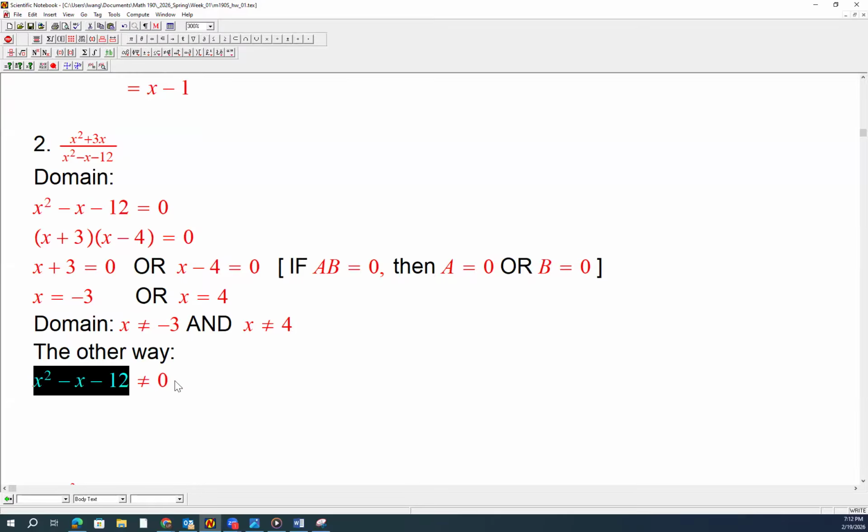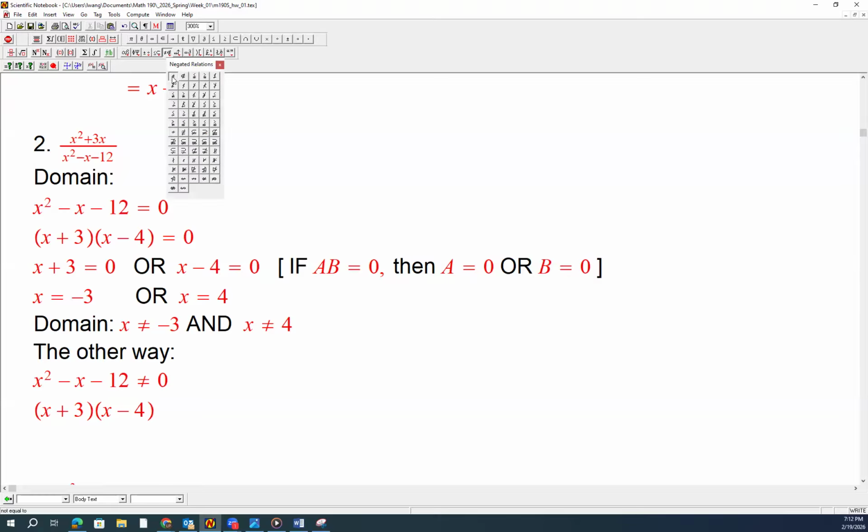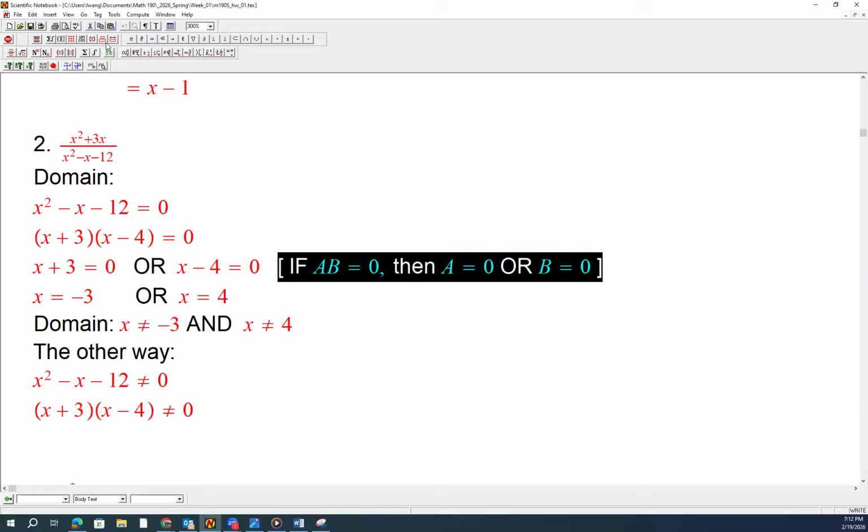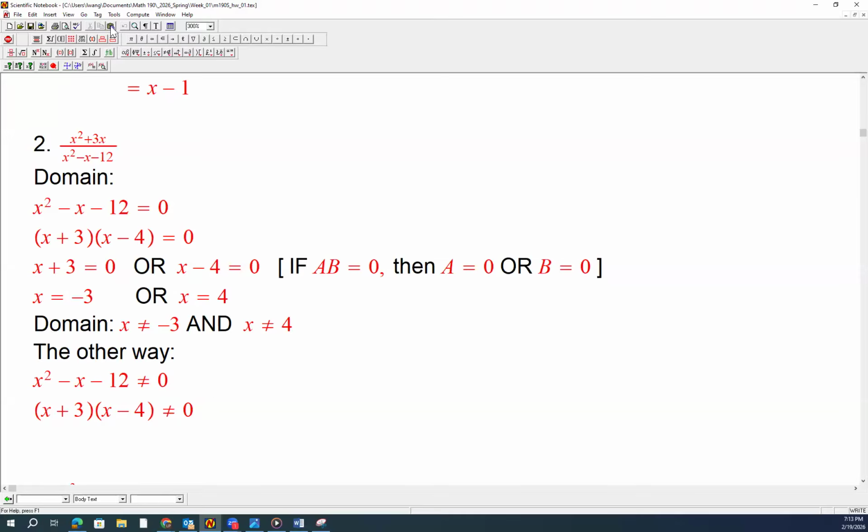If the product is not 0 when we factor, what will the mathematical principle turn into?